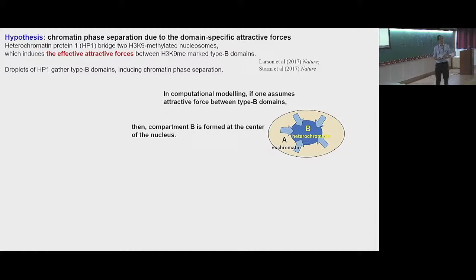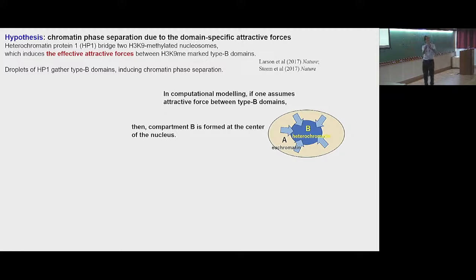We can do the simulations with this assumption for a single chromosome. But when we simulate the entire whole genome, we have a problem. Because of the effective attraction, heterochromatin type B domains aggregate toward the center of the nucleus. This is like simulation of planet formation.